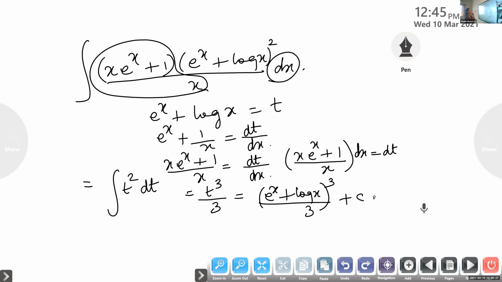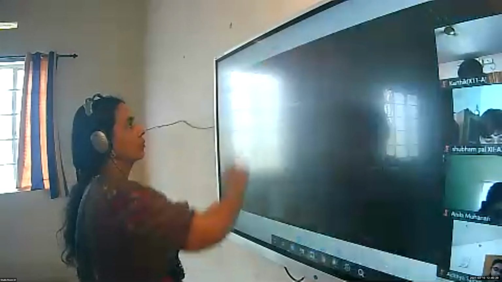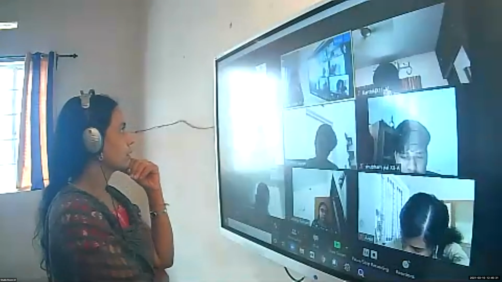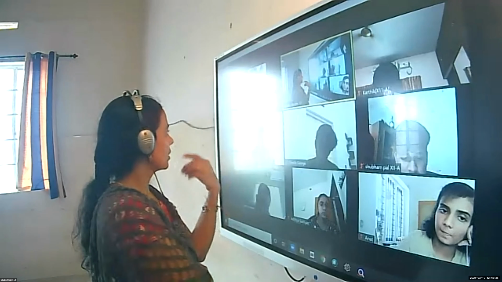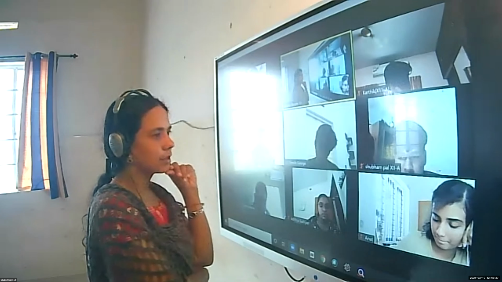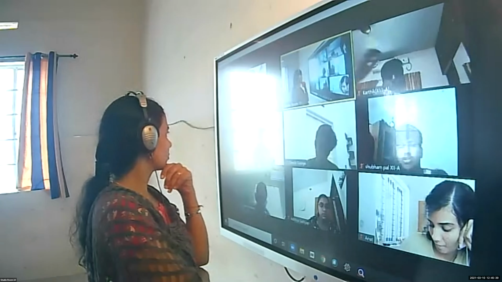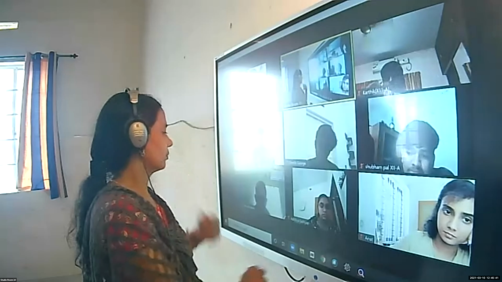Is it okay? So is the method okay, children? We have learned integration by substitution, simplifying form and all we have learned. Is it okay up to this?